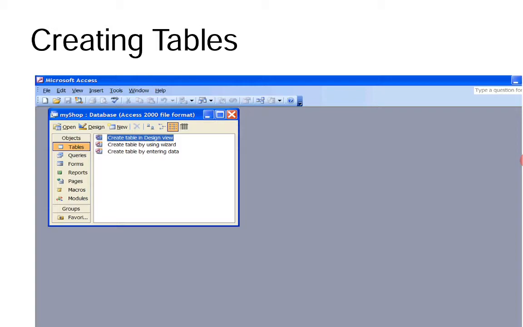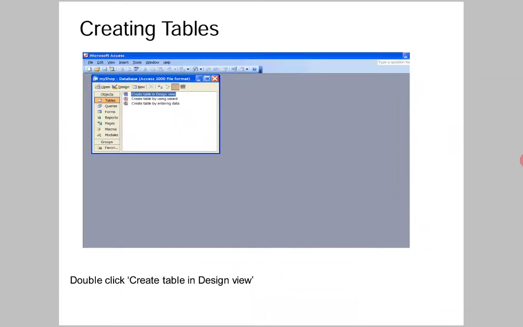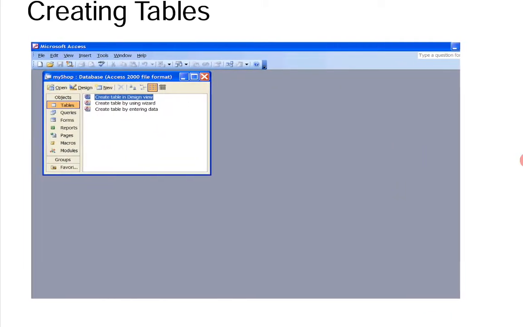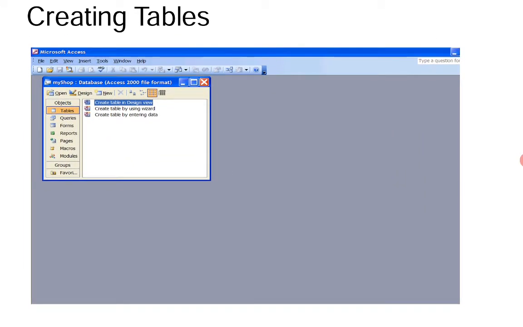So what is a table? Tables are used to store the physical data or physical records. Every database has one or more of these objects: tables, queries, forms, reports, pages, macros. A table is a place where the physical data or information is stored on the disk in the form of tables.